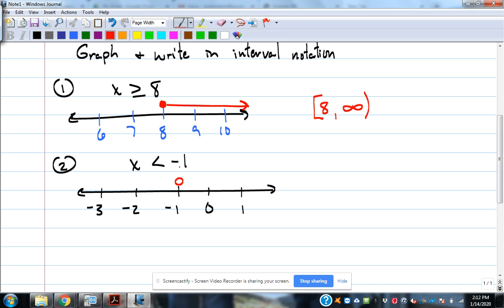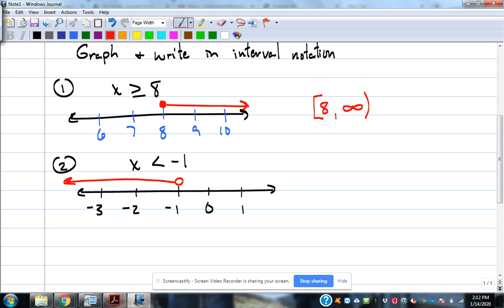An empty circle, an open circle there. And it's less than that, so it's going toward -2, -3. Less than -1: if I owe you $1 and then I owe you more money, I have less money. The more I owe you, the less I have. That's going to go to the left.